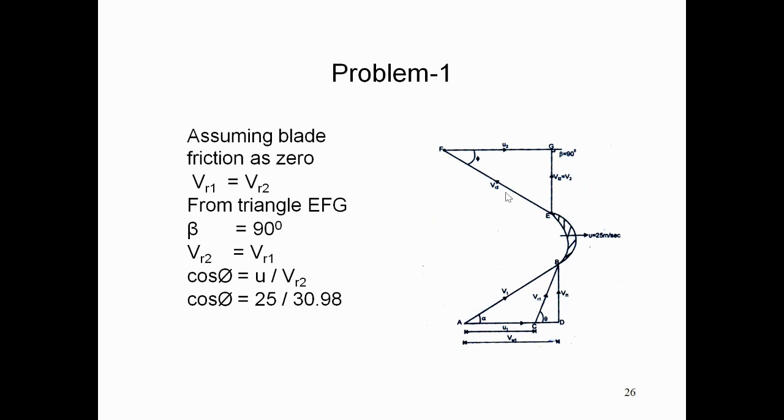That is 25 by 30.98, approximately 31. So to get theta, we have to convert this cos to the other side.